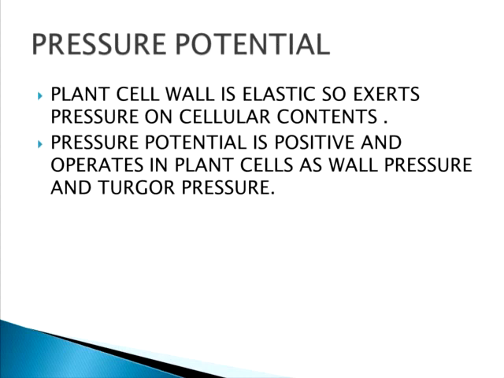As a result of inward wall pressure, hydrostatic pressure is developed in the vacuole, termed turgor pressure, and the pressure potential is always positive and operates in the plant cells as wall pressure and turgor pressure. So this is all about DPD and water potential, and water potential is nothing but DPD taken with a negative sign.